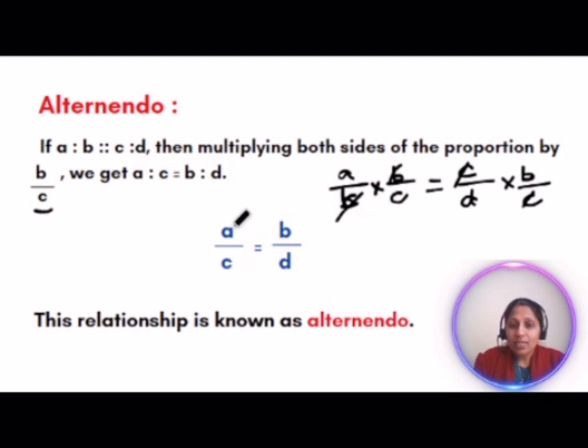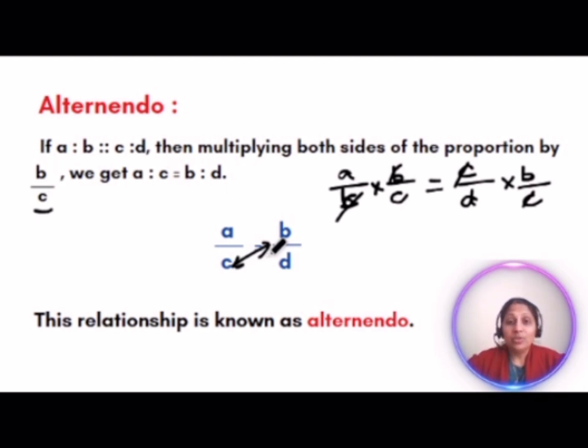So you simply get A by C equals B by D, which means we have simply interchanged these two terms. Okay. This relationship is called alternando. So all these terms are important when you go for the competitive exams. Once you know the relations, then you can apply these patterns in your problems and solve them very quickly.